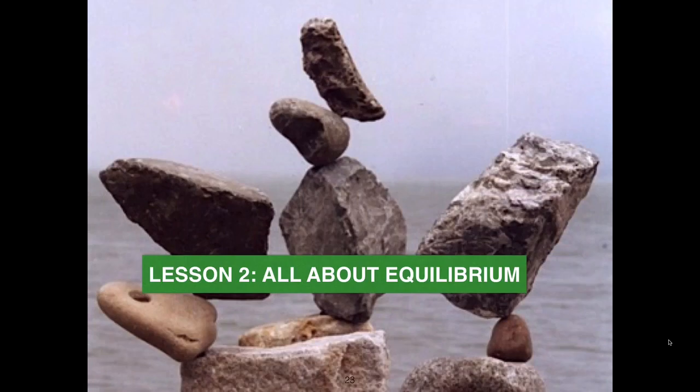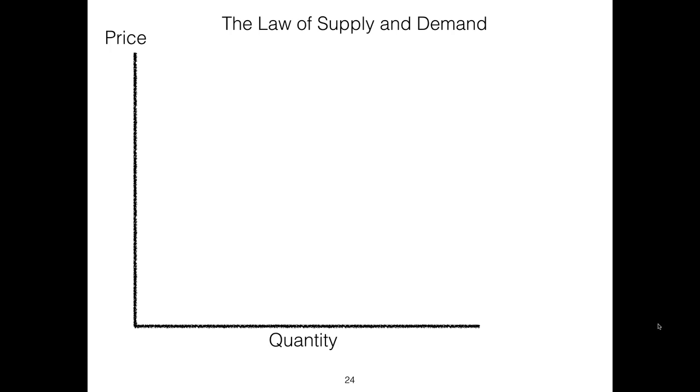So let's move on to Equilibrium Lesson 2. The market is dictated by the law of supply and demand. When supply equals demand, it is in a state of equilibrium.